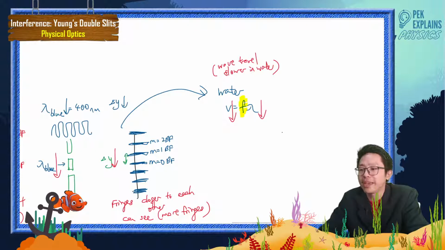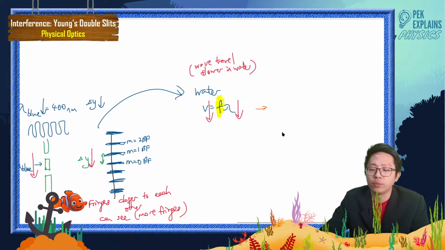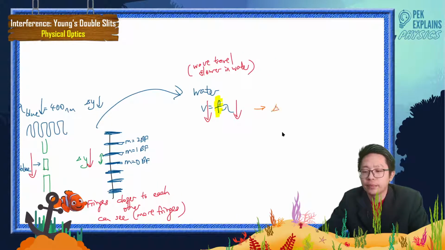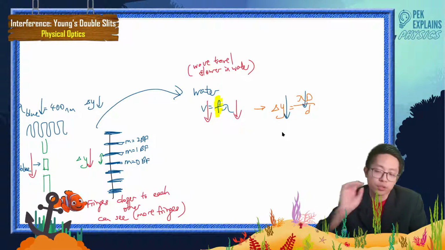So if the wavelength becomes smaller, the delta y, which is equal to lambda D over d, becomes smaller. When the lambda becomes smaller, the delta y, the fringes, also become smaller.